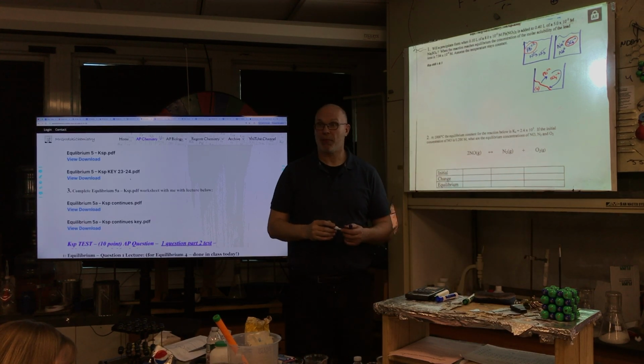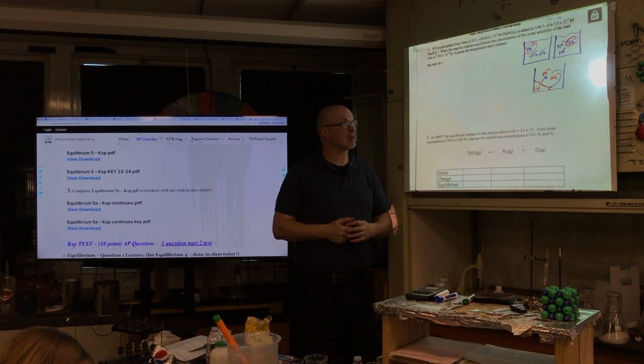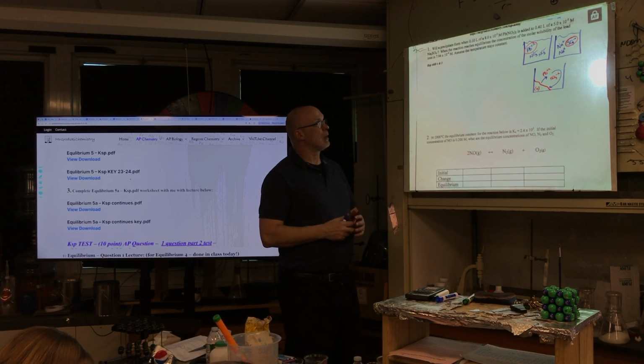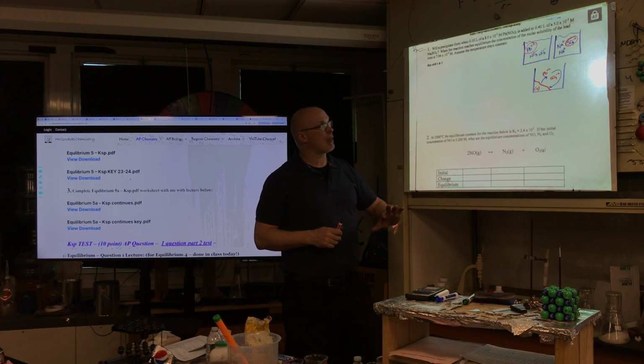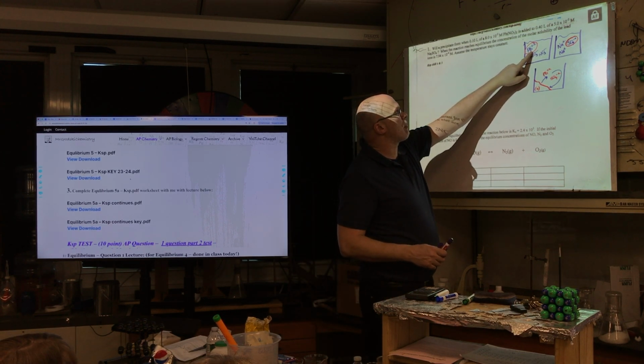Remember, equilibrium, things stay constant because both pathways have the same spontaneity. All right? So that's the first thing, realizing that pouring those two things together is about when or if this reaction is going to occur.